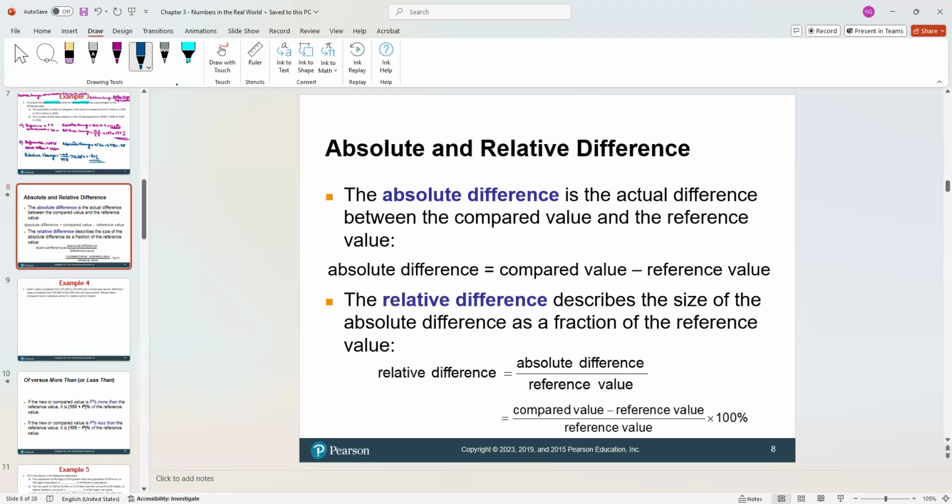The difference is 50,000 minus 40,000, that gives you 10,000. Now, the Mercedes costs $10,000 more than the Toyota.